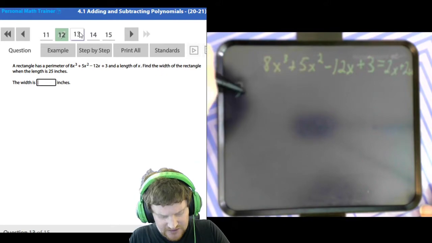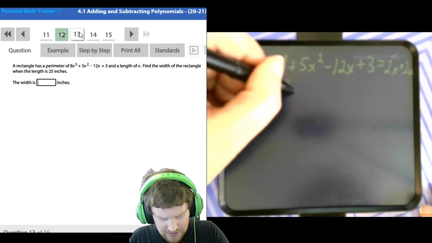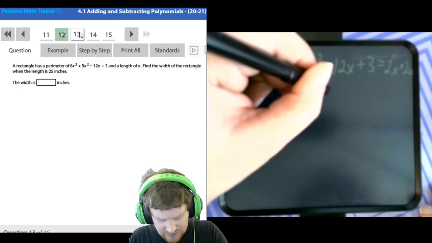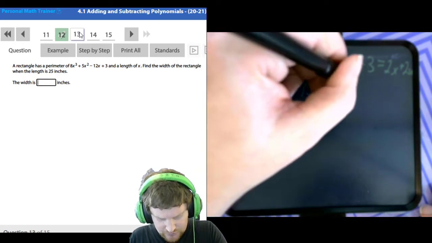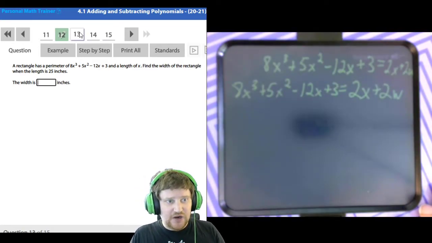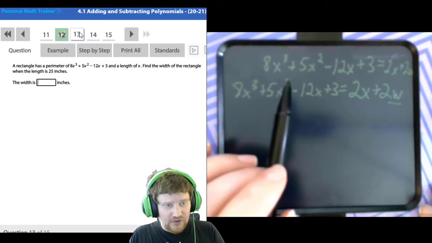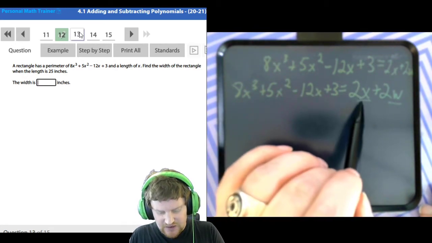So I have 8x cubed plus 5x squared minus 12x plus 3 equals 2x plus 2w. And I'm trying to find the width when the length is 25.